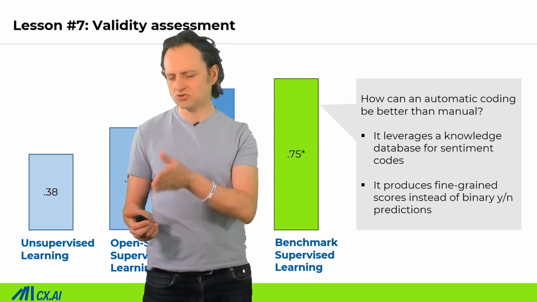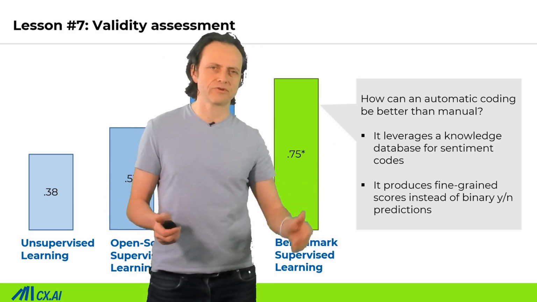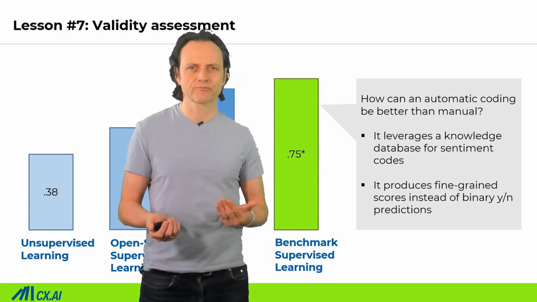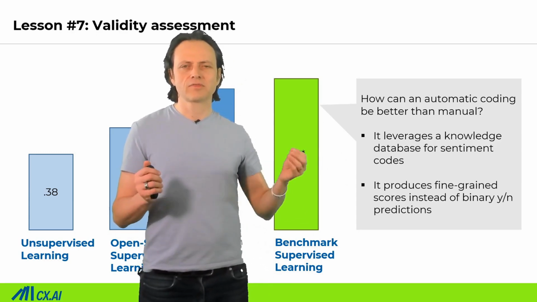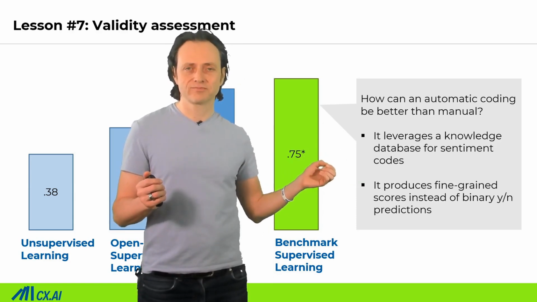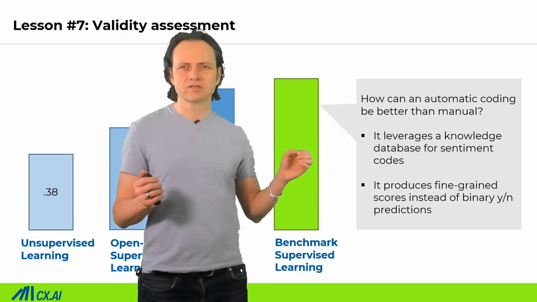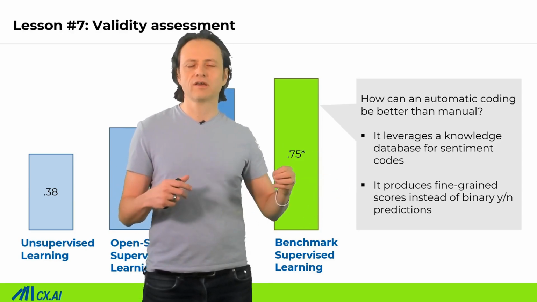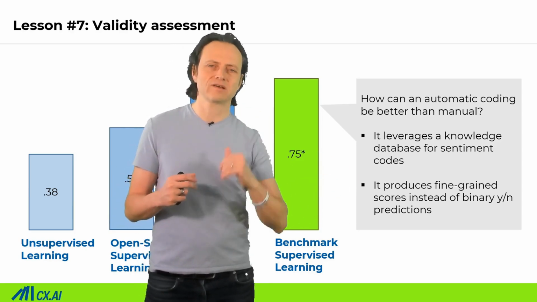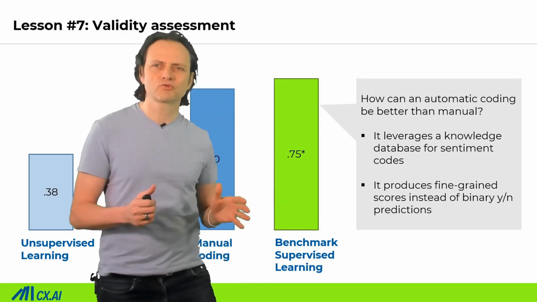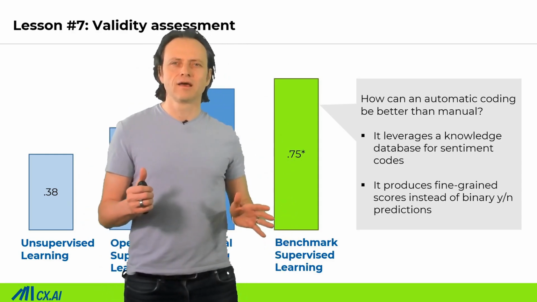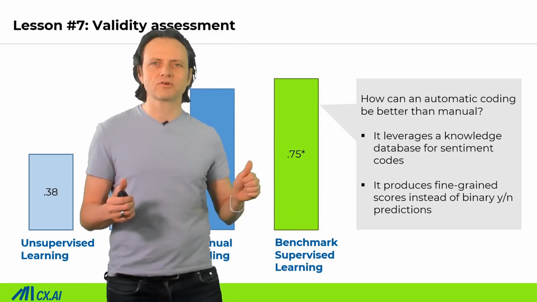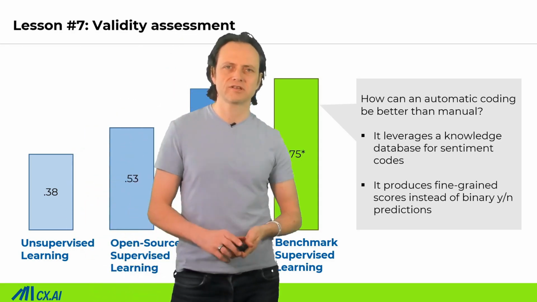He says, okay, this category, this category, this category. It's not his task to assess, I'm not sure, right? But the machine can tell you that. And with this information, whether or not something is sure or not sure, it can also predict better. So these are some reasons why supervised learned and categorized data can be even better than manual coded data.